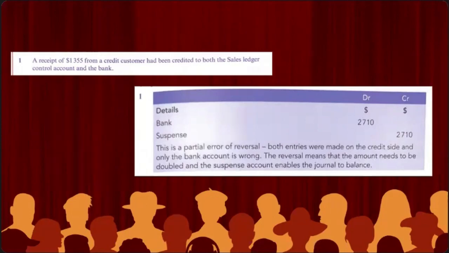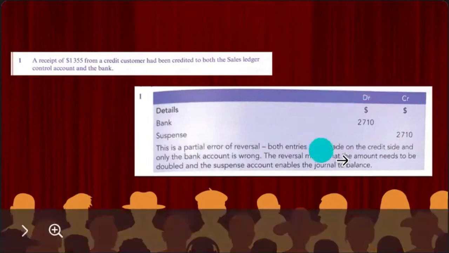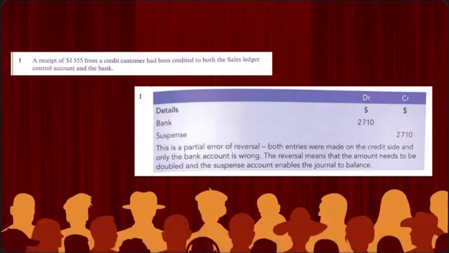We correct this by debiting bank account by 1,355 first to erase the wrong credit, then debiting bank by the same amount to add the money received. That is why the amount we put here is 2,710, not 1,355. Since we are only correcting bank account, we use suspense account on the credit side. This is also called the partial error of reversal.